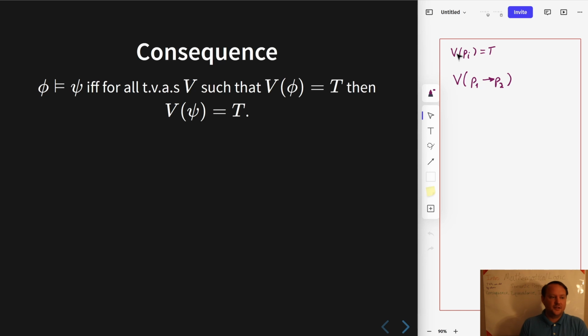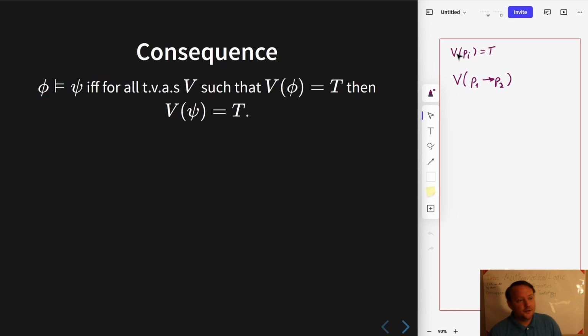So I'm going to write this double turnstile for what we're going to call semantic consequence. Hinman uses a triple turnstile. The correspondence is not too hard, even though I'm using different symbols, they're not radically different.